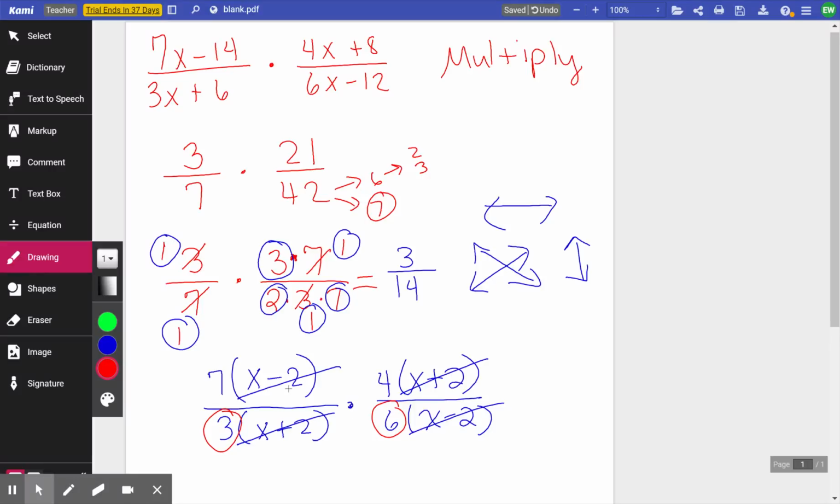You can either cancel diagonally or vertically. With that being said, I can cancel out 4 and 6 using 2. 2 goes into 4 twice. 2 goes into 6 three times. And the cancellation is over, so the final answer is 14 over 9.